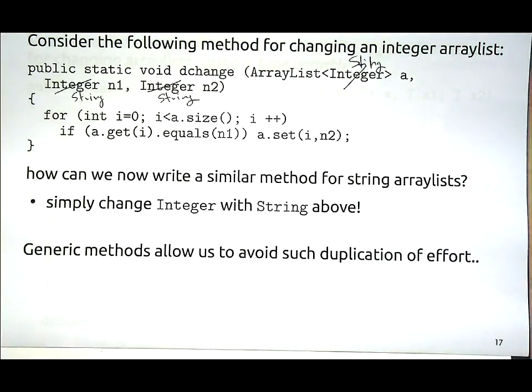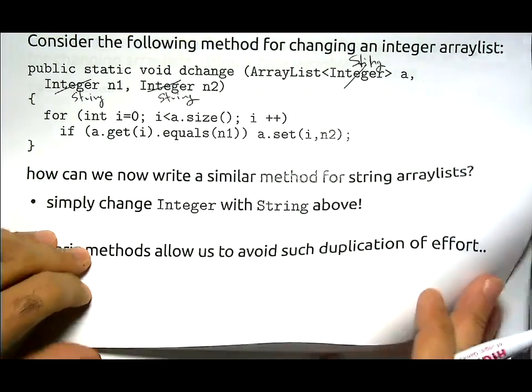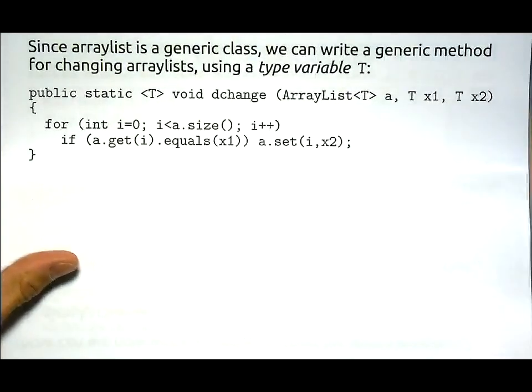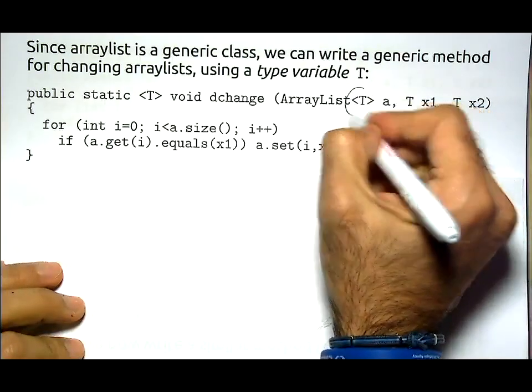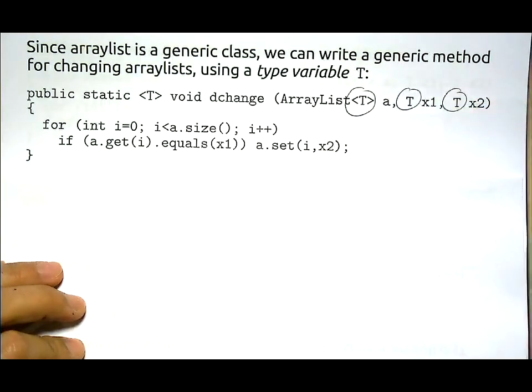I can say, well, here is a method that applies for every type T, array list of every type T, and then when you call it, you just put the array list there, you put the elements you want to change of the right types, and the compiler automatically knows what to do. So here, note I have this T here instead of integer or string, and this T is a type variable or a type parameter, if you like.